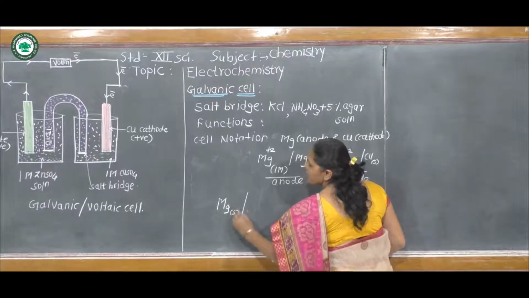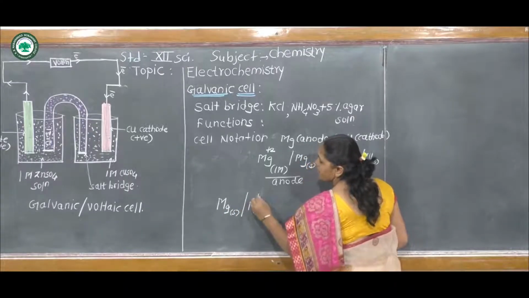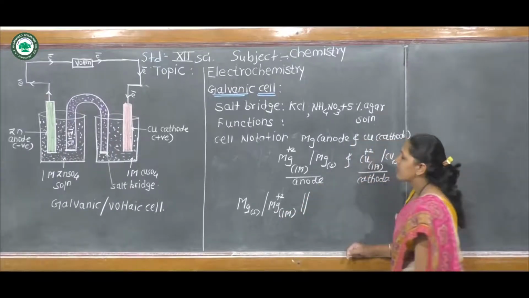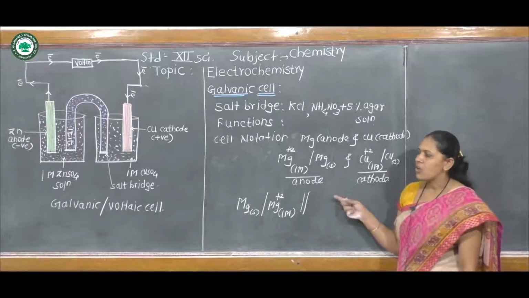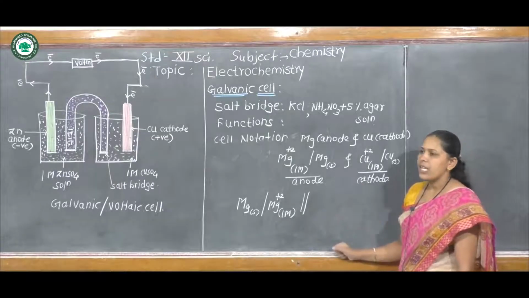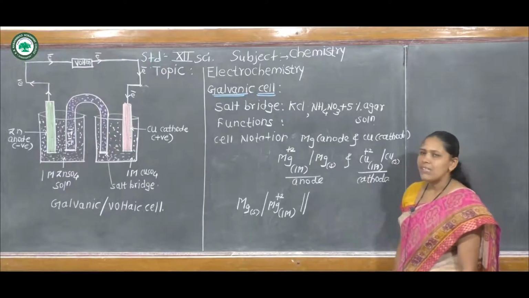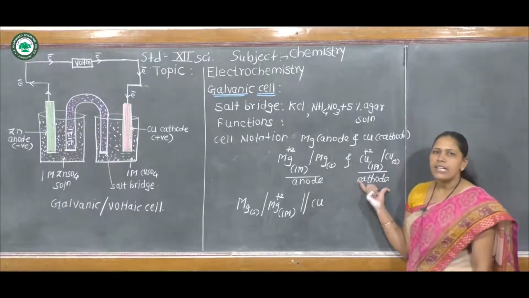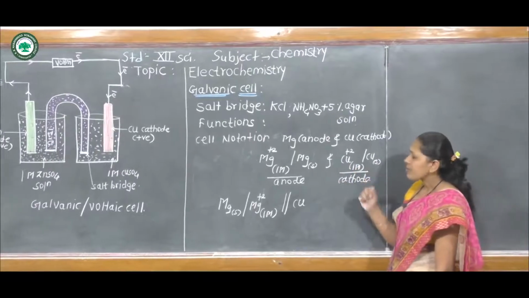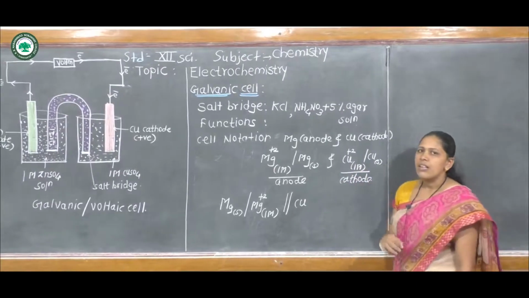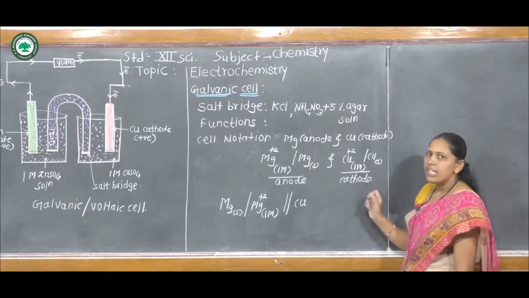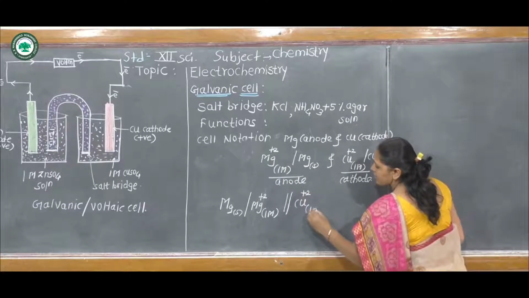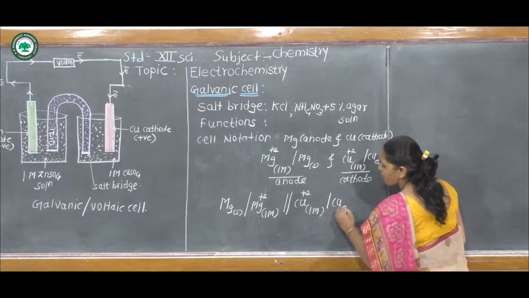Magnesium solid, single vertical line, Mg2+, 1 molar concentration, and we know that two half cells or two solutions are connected by a salt bridge. It is indicated by a double vertical line, and the other is the cathode. The right hand electrode is the cathode. In the cathode, the sequence of writing is aqueous first, therefore it is as it is, single vertical line, copper solid.